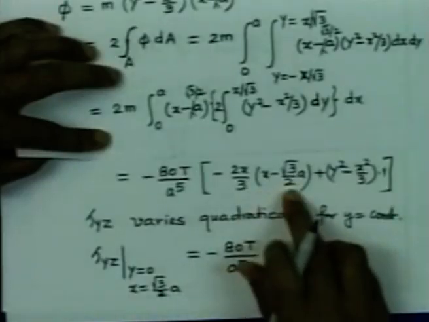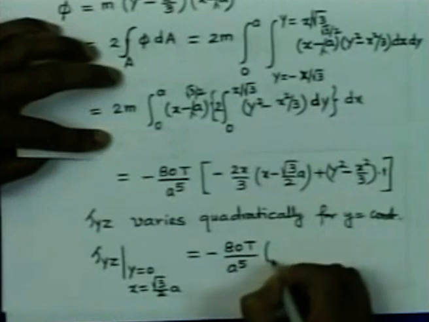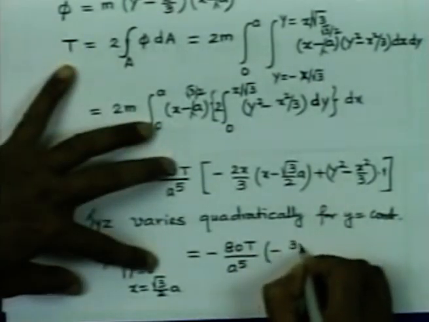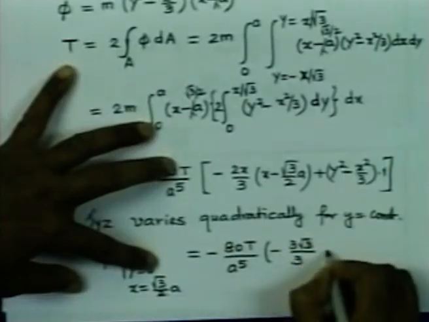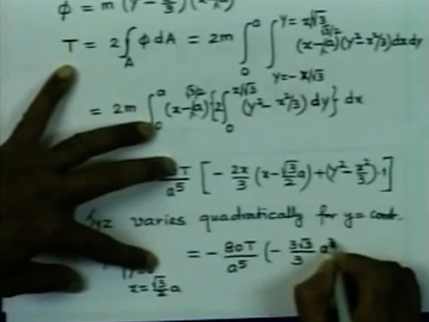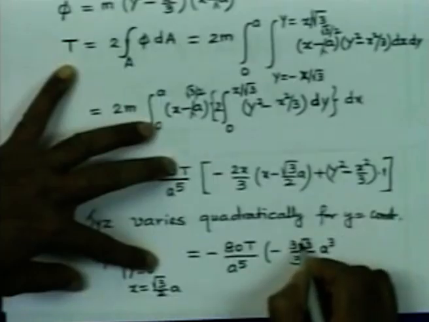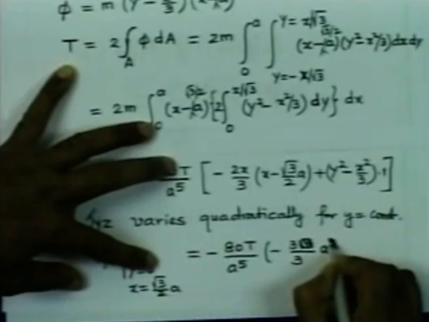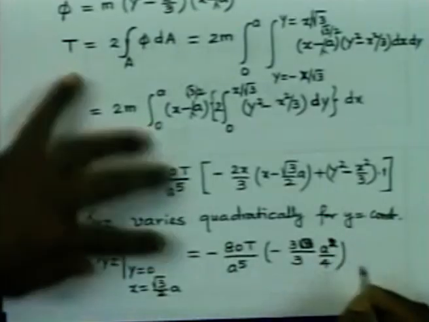Here this is going to cancel out and we are going to have minus 3 into root 3 by 3, I am sorry, it is going to be 3 by 3, 4 a square.